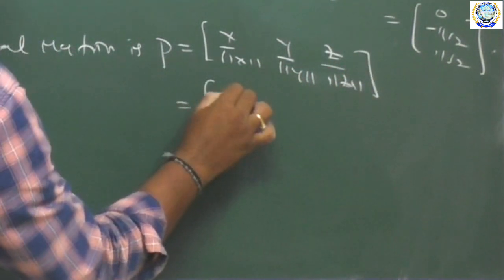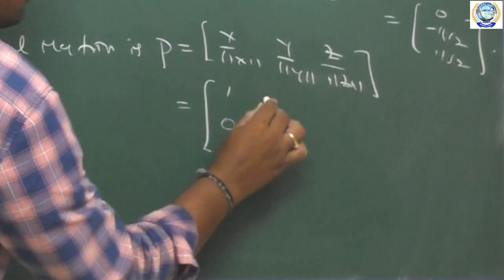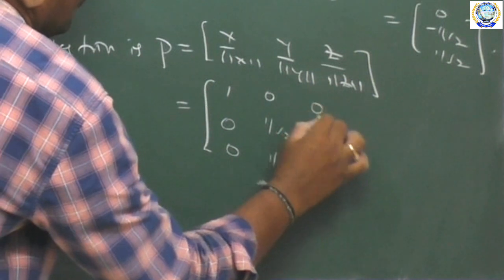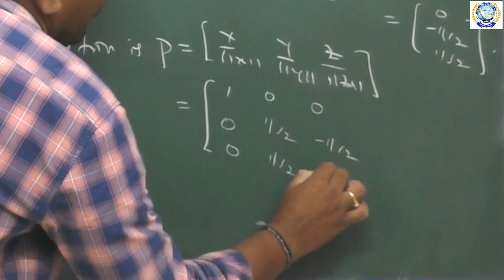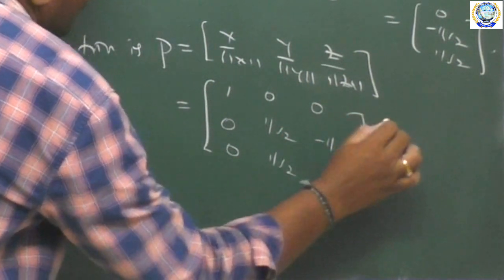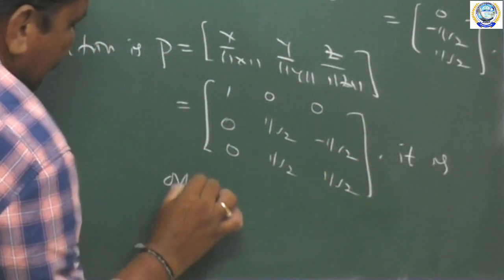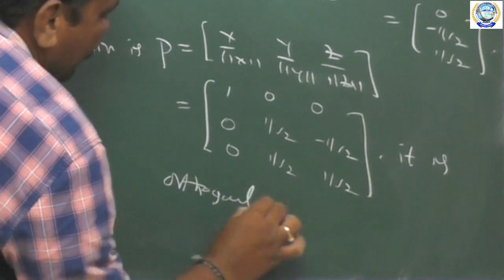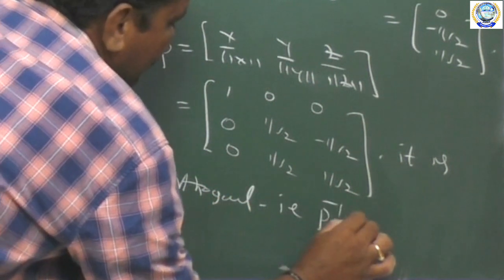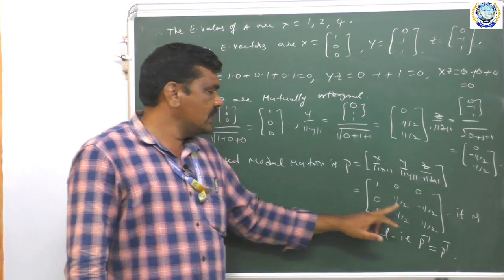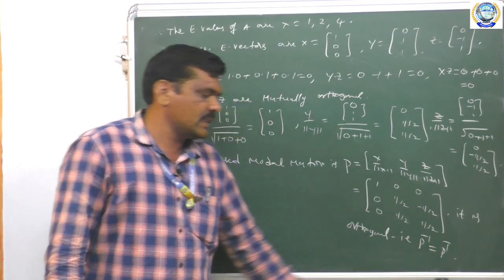This is equal to 1 0 0, 0 1 by root 2 1 by root 2, 0 minus 1 by root 2 1 by root 2. Clearly, it is orthogonal. That is, P inverse equal to P transpose. Its inverse is just its transpose.